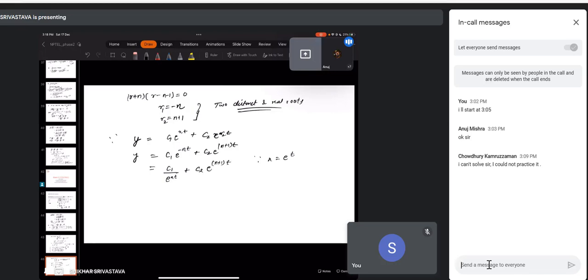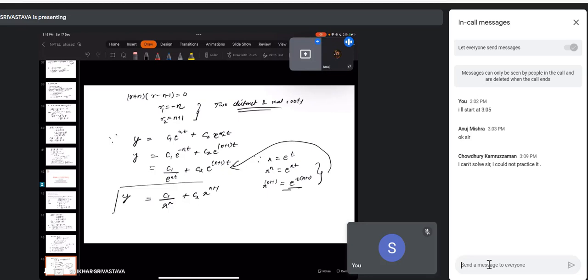Now since e to the power t is equal to x, x to the power n is nothing but e to the power nt, and x to the power n plus 1 is nothing but e to the power t times n plus 1. So we can use this here, and we can just replace C1 upon exponential nt with x to the power n, and exponential n plus 1 t with x to the power n plus 1.